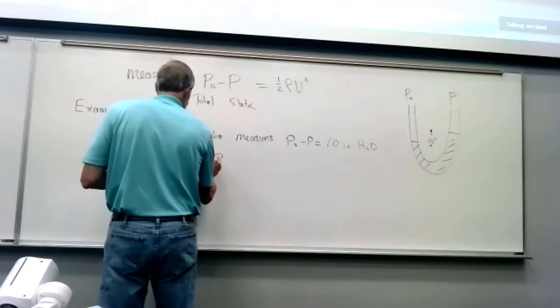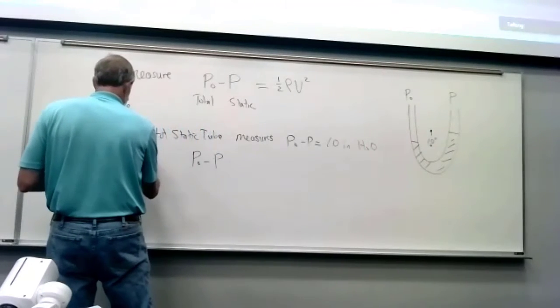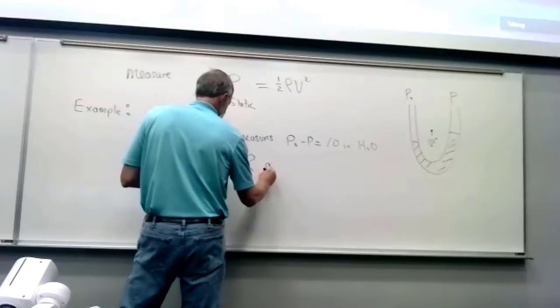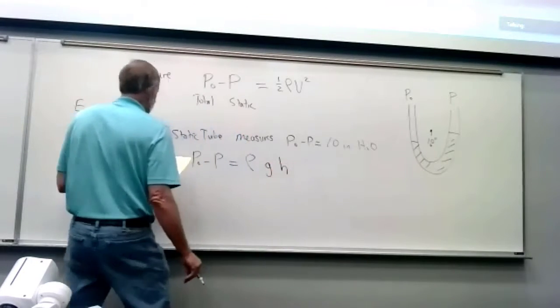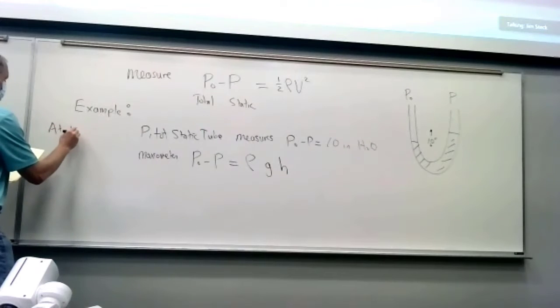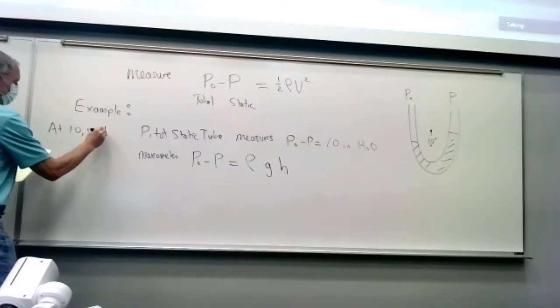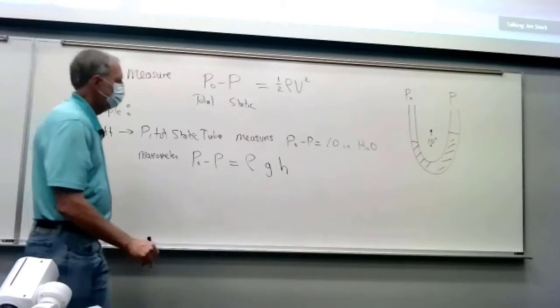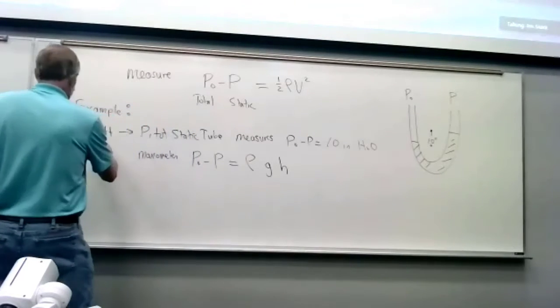So the manometer equation is rho g h. We were told that at 10,000 feet, airplanes are flying with this pitot-static tube. So you're looking at the formula. We say we're at 10,000 feet.